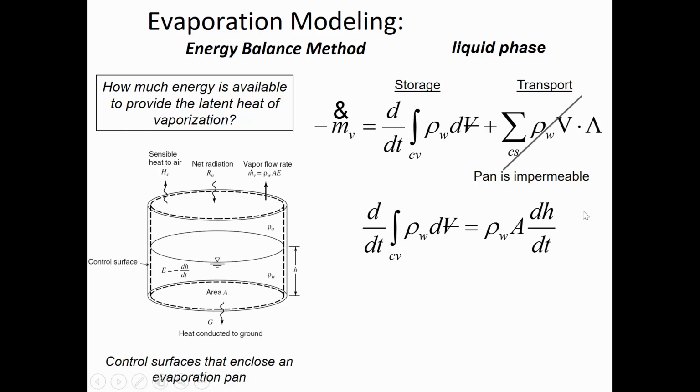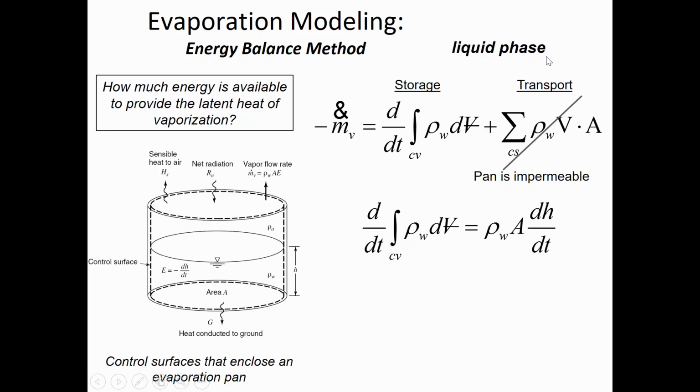And so dH dt has units of meters per second. Area has units of meters squared, and so that would give us cubic meters per second. And then we could multiply that by the density, which is kilograms per cubic meter, and it tells us the rate in terms of kilograms per second that's going to be lost through evaporation.